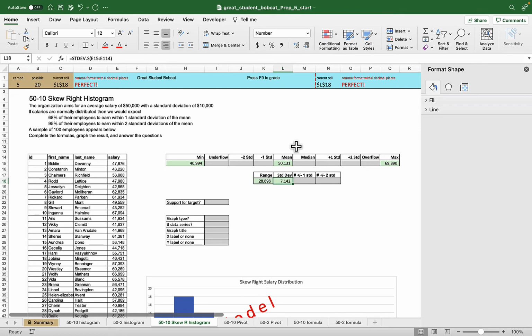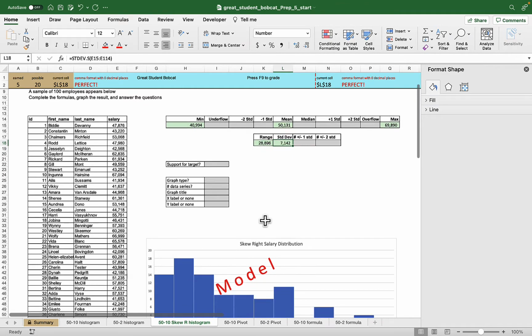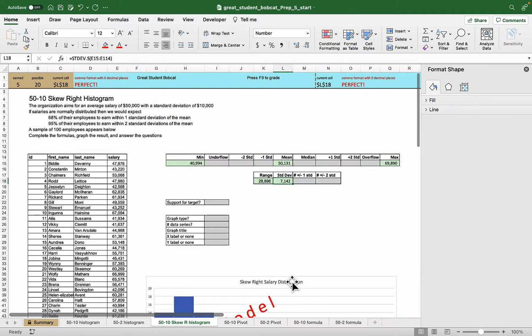Right. Standard deviation is not looking quite at 10,000, right? It's a little bit lower. The standard deviation has kind of gotten messed up a little bit because of the skewed distribution, at least messed up relative to where we want it to be.